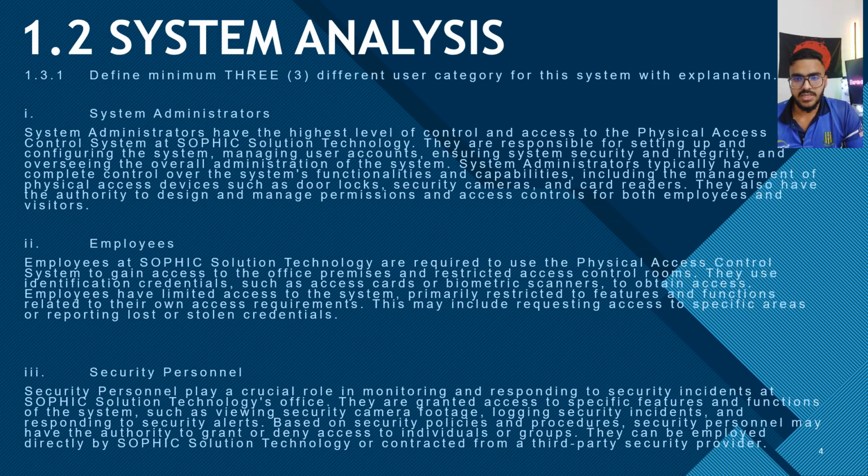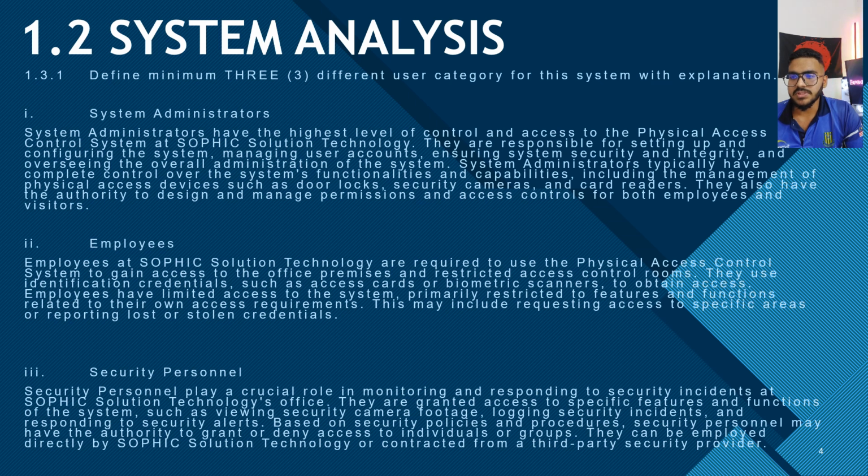Third, security personnel. This is the last one. Security personnel play a crucial role in monitoring and responding to security at the Software Solution Technology office. They are granted access to specific features and functions of the system, such as viewing security camera footage, logging security incidents, and responding to security alerts.